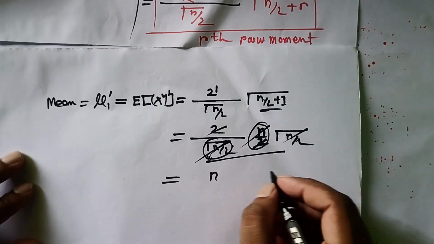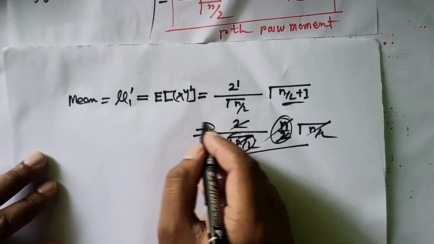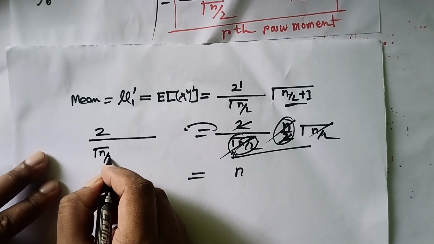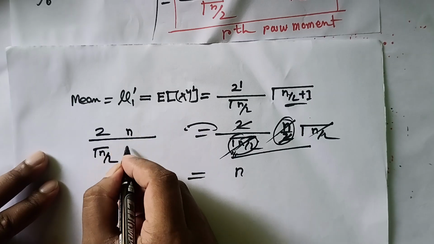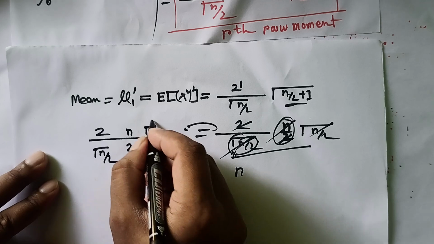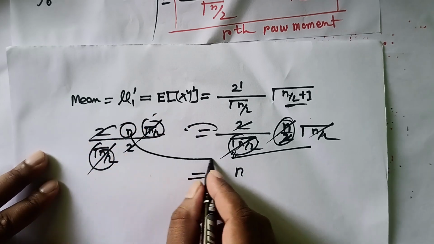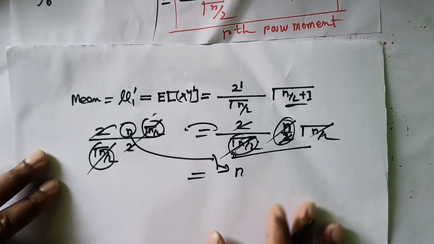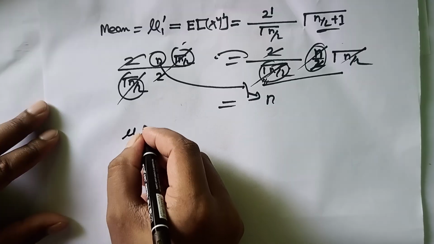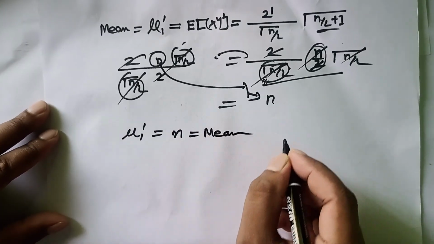For more clear understanding, again, if you see this line, we have 2 and n by 2 and we have n by 2, so this one will be cancelled, this will cancel, we are left with this n only. Okay, so we found our mean. mu1 prime is n, which is the mean.